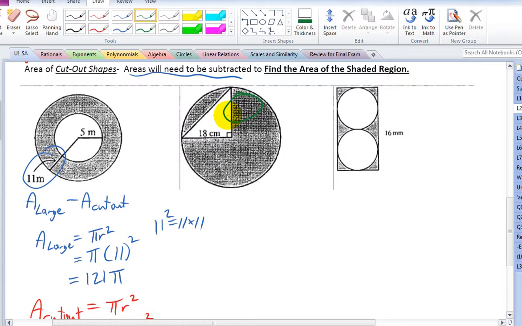Because it's the radius. Good. This is the radius. This is also the radius. It goes from the middle of the circle to the outside. Okay, so it's called reading your diagram. You have to read your diagram correctly. Okay, so this is also 18. Okay, I'm going to give you a chance to try that on your own. It's going to be a circle minus the triangle.